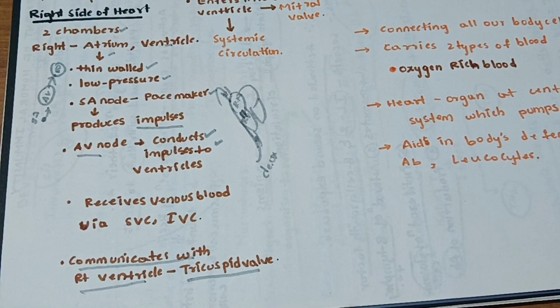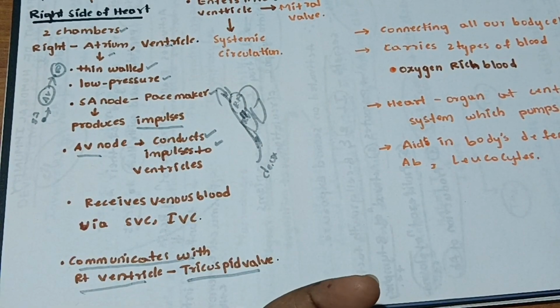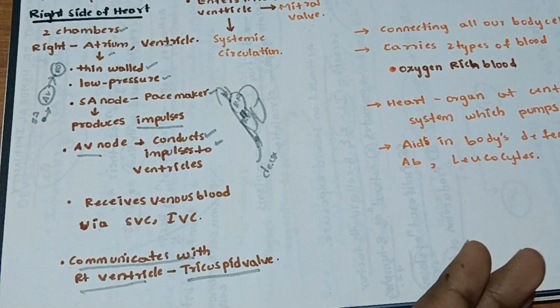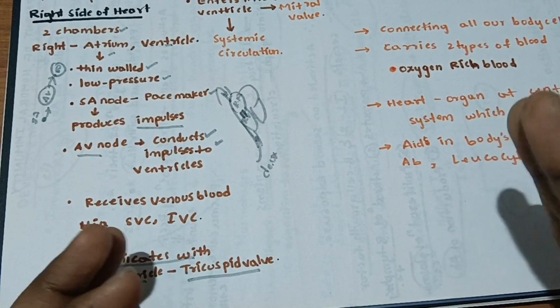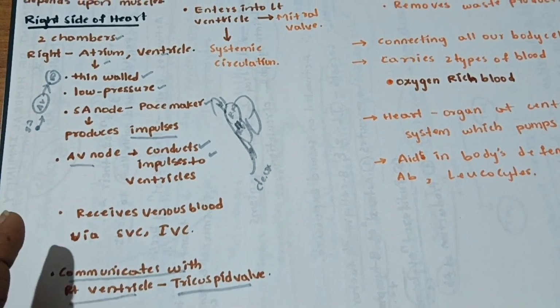From the right ventricle, it goes to the pulmonary artery, entering the lungs, and there it gets filtered and we receive oxygenated blood from there.